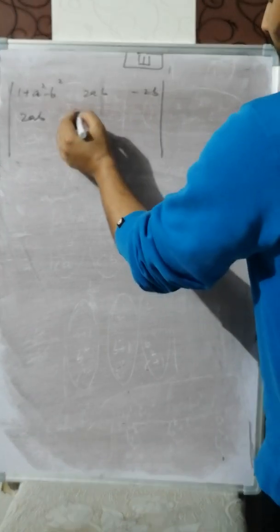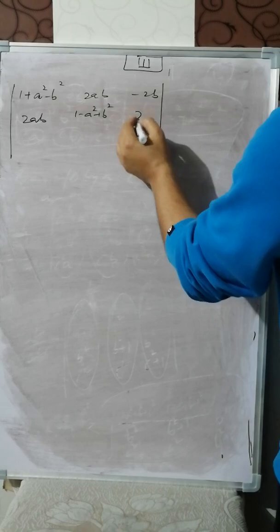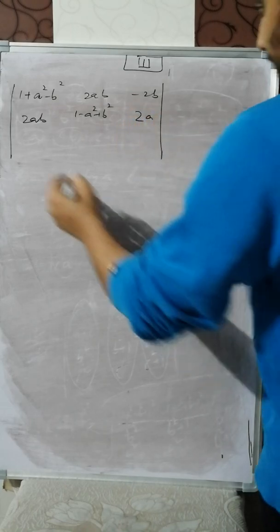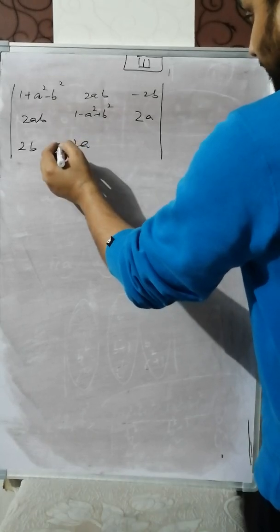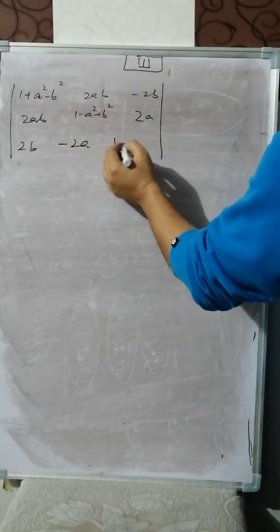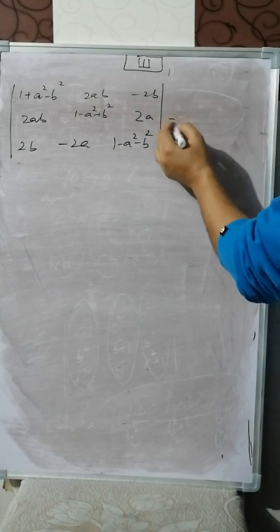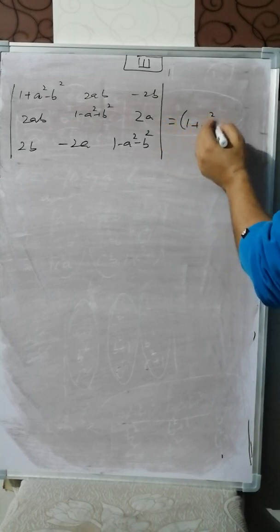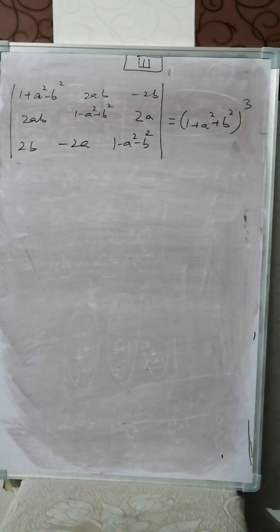The next one is 1 minus A square plus B square. The next one is twice of A. The next one is twice of B. That is minus twice of A. And the last one is 1 minus A square minus B square. And the answer is equal to 1 plus A square plus B square whole cube. This is another interesting question that can be asked in examinations.